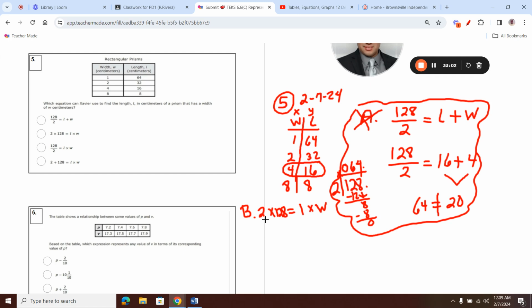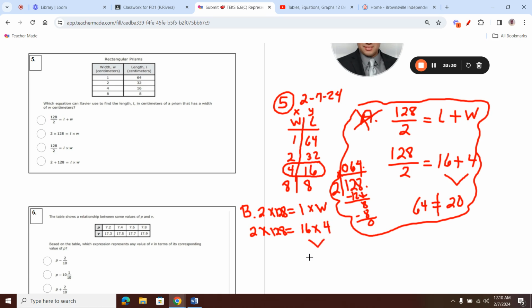Okay, this is already numbered, so it's going to stay the same. And the length, we're going to use the same one that we used for the first problem. So who's the L? The L is this side, which is 16. The width is 4, because width is over here, 4.